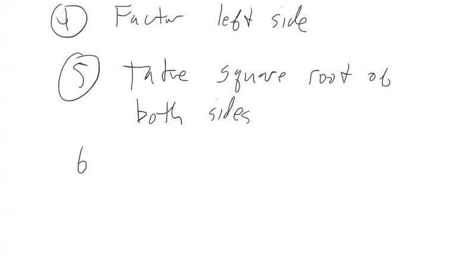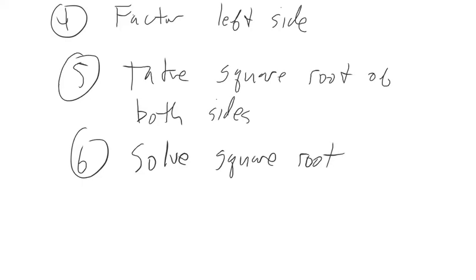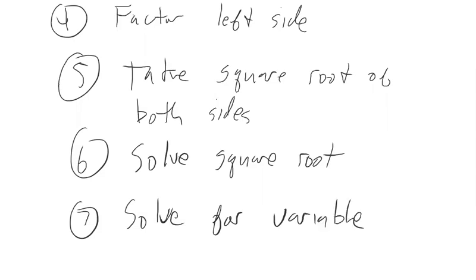Step 6, solve the square root. And step 7, solve for the variable, in case it's not an x. And then again, because we have an answer, you can check. Lots of steps. I think the book breaks it down into 6 steps. I went a little bit more because I broke them down a little bit easier to see.